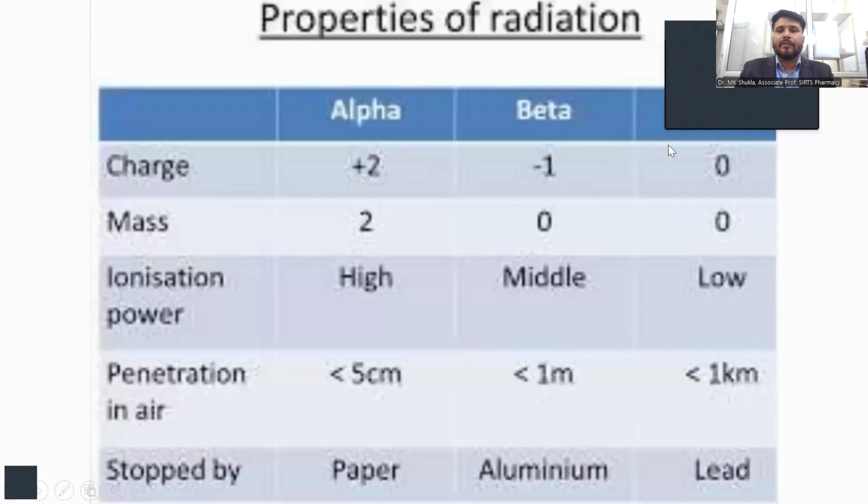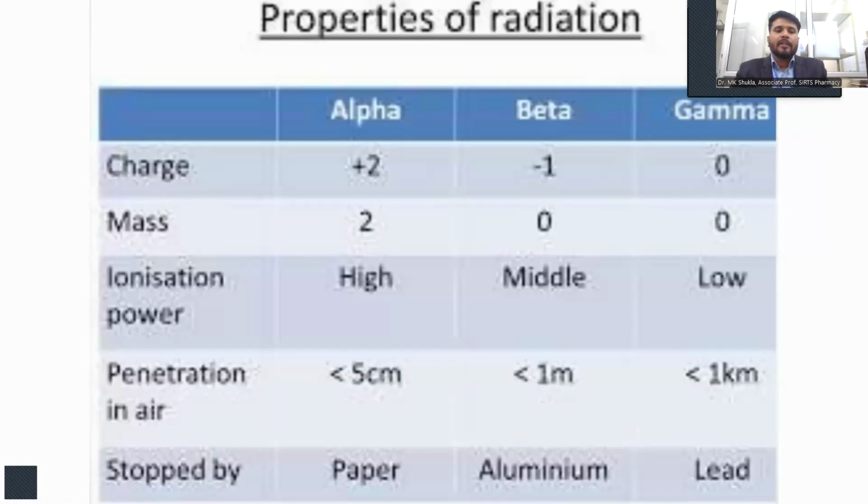These are the properties of alpha, beta, and gamma rays by category. Charge: alpha rays have +2 charge, beta has -1, whereas gamma doesn't have any charge. In case of mass, alpha has 4, beta and gamma have 0 mass. Ionization power: alpha has high ionization power, beta medium, and gamma low.